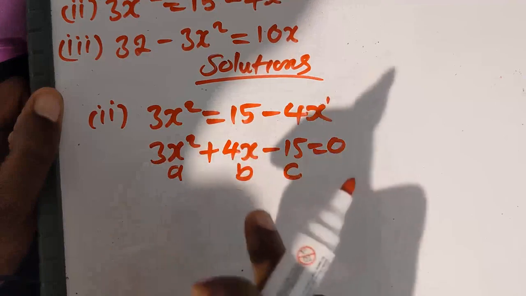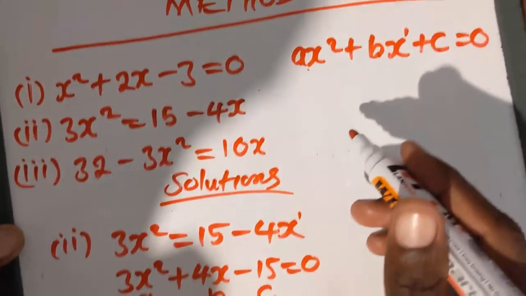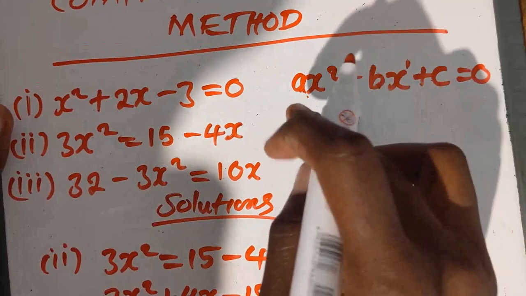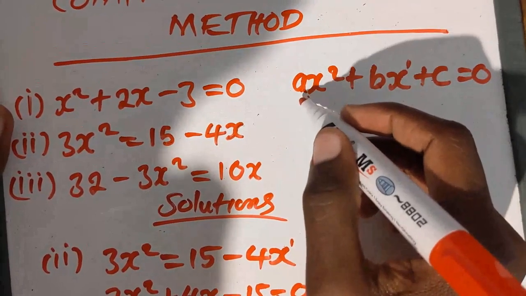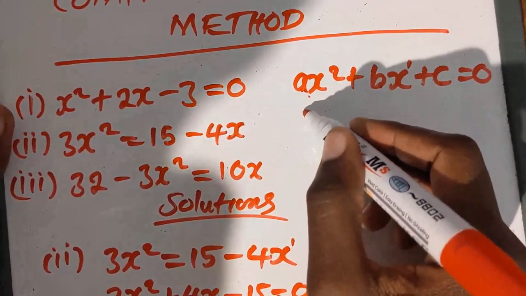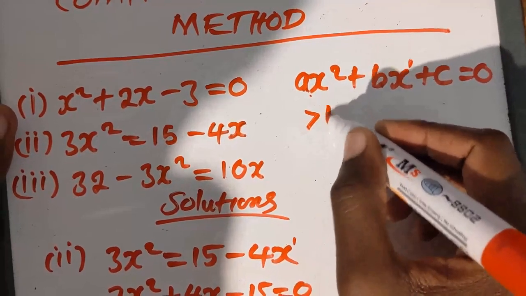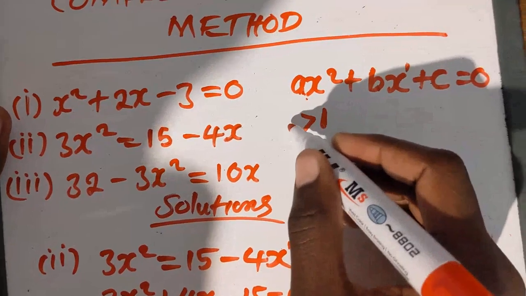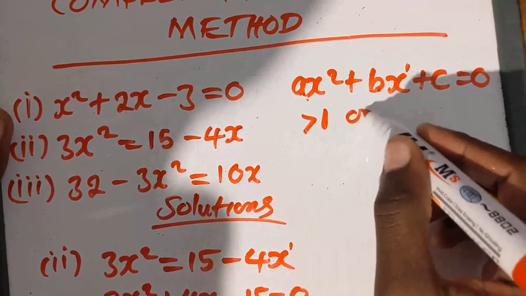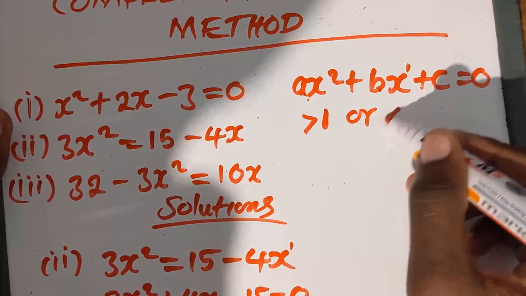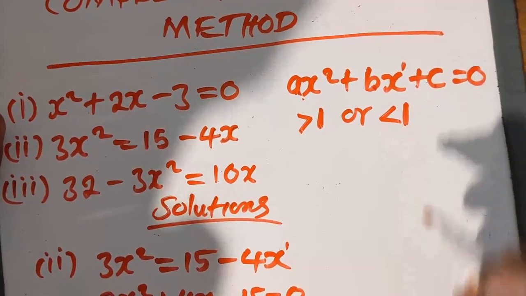So now the rules are saying that if the coefficient of A is greater than 1 or less than 1.